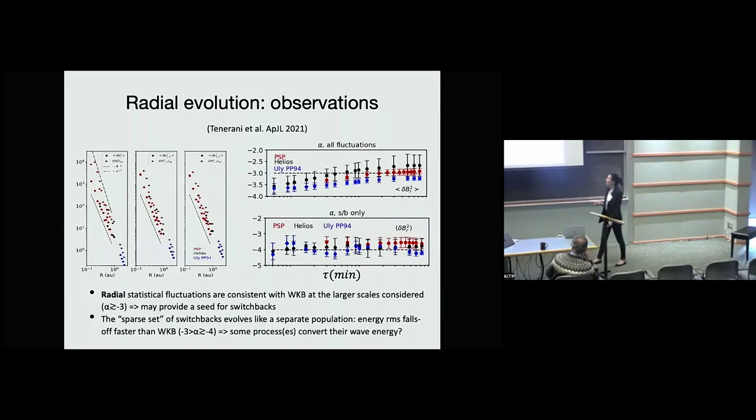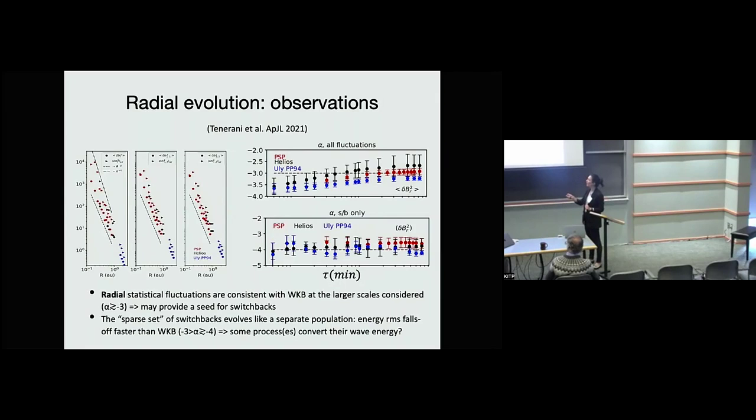And so we have looked at data by collecting measurements from three different missions to cover a wide range of radial distances. And then for a given time scale, we have calculated the amplitude square of fluctuations at a given time scale, and put them in this plot.